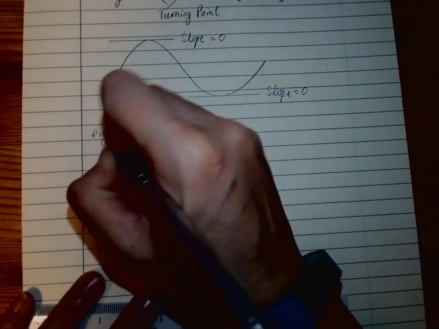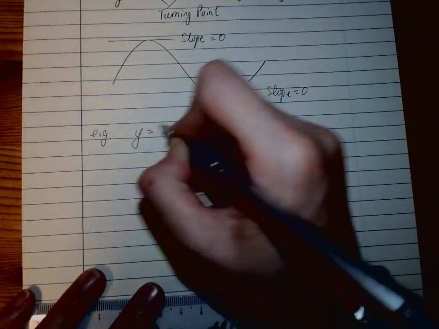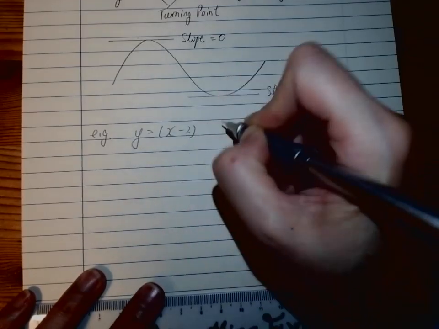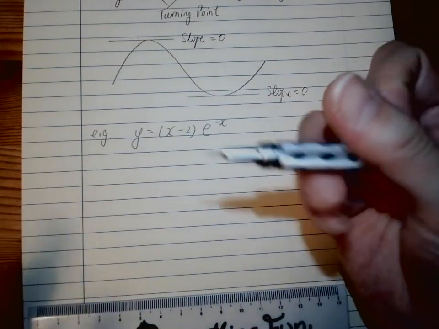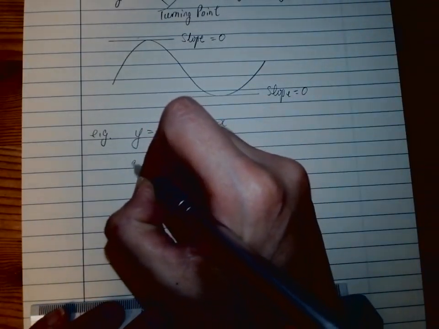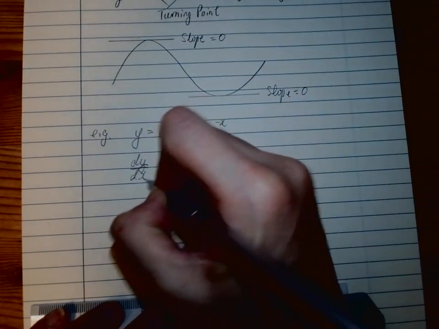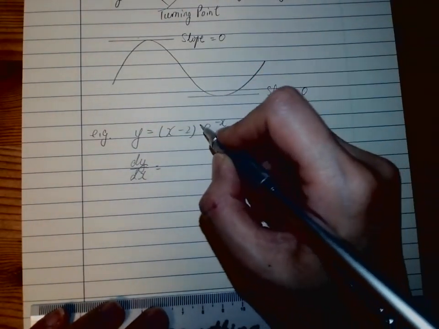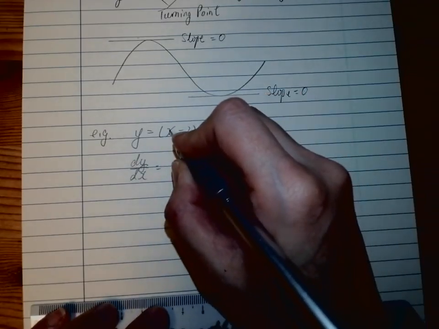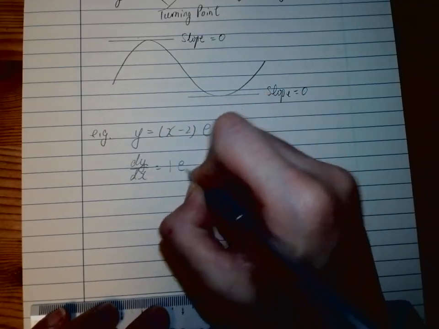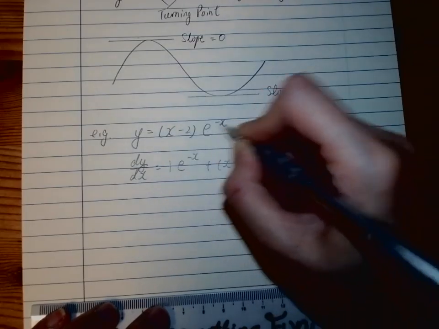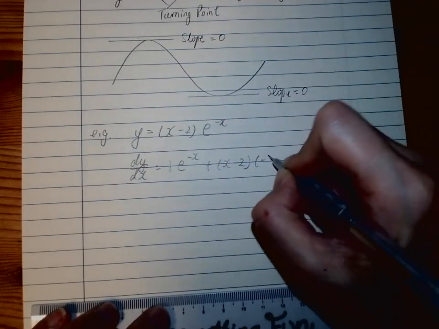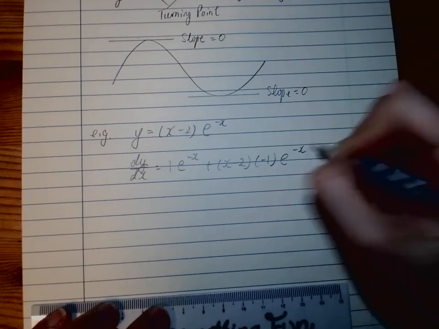For example, we will have y equals (x minus 2) e to the negative x. Alright, so we first need to differentiate it. So we have dy/dx. Using the product rule here, because two things multiply. So in the front bit, we have 1 times e to the negative x, plus the back bit, negative 1 times e to the negative x.